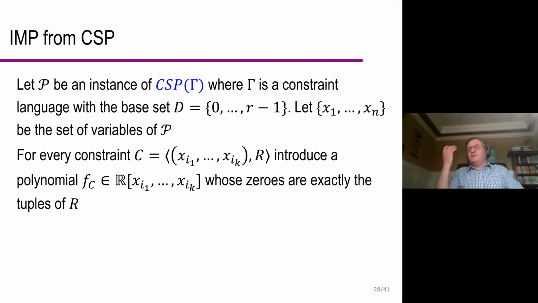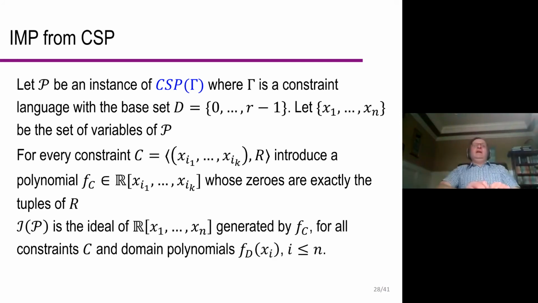If you think for a few seconds, obviously it can always be done. I can always concoct something that has zeros precisely on a specified finite set. That's not difficult. So I can always relate and encode a constraint in my CSP with a real polynomial. I will call this process interpolation of the constraint.